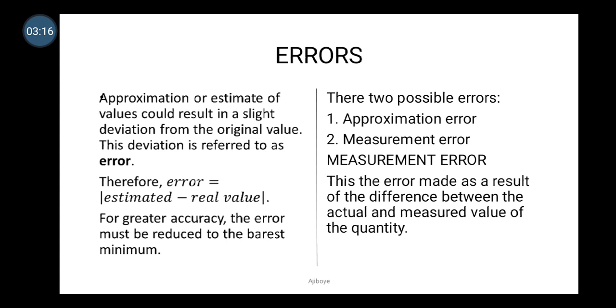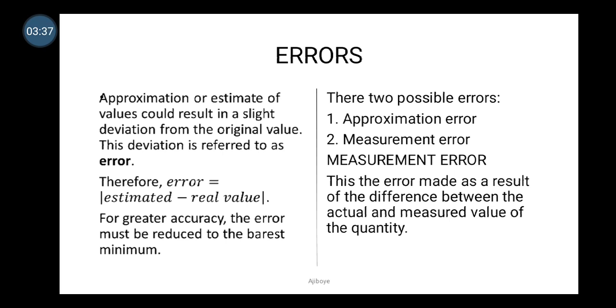Therefore, error is equal to the absolute of estimated minus real value, the original value.